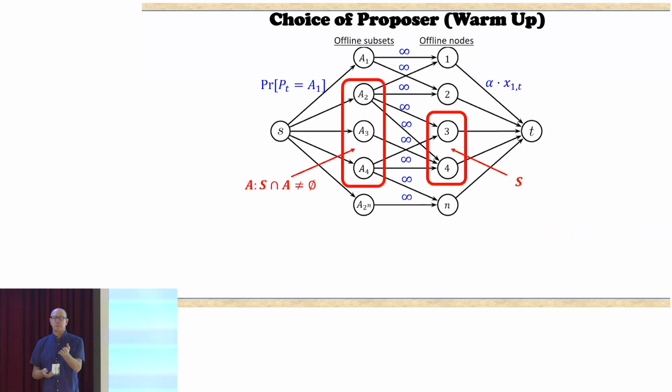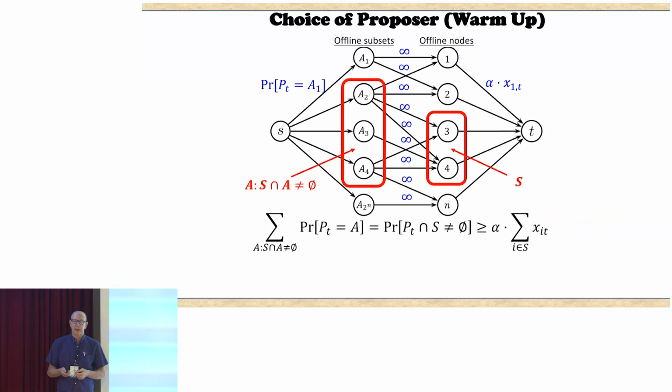Now, let's pick some subset S of offline nodes, and ask which offline subsets feed into it. Well, all those subsets whose intersection with S is non-empty.